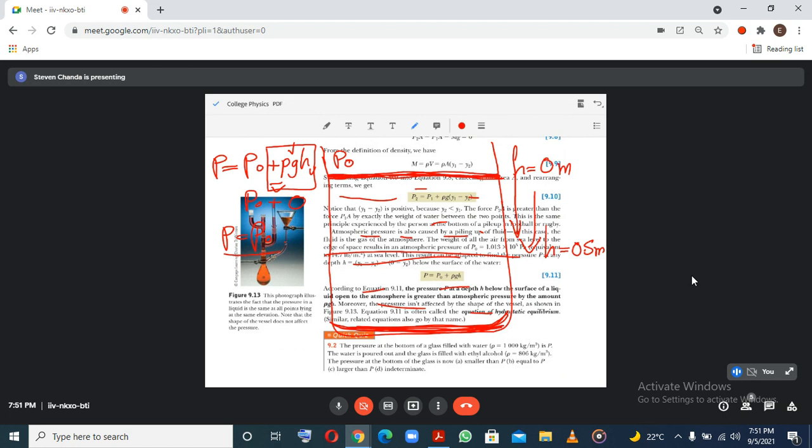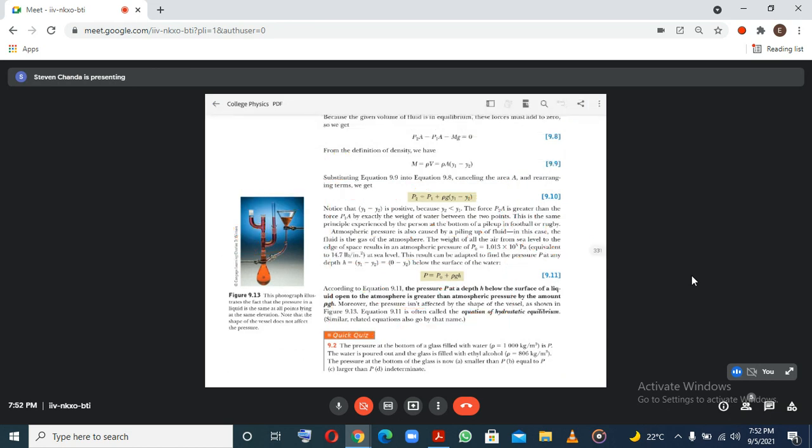So we know what that increase in pressure was, and when we add it to the atmospheric pressure already occurring at the surface of the fluid, we know the pressure at this point, where the depth is 0.5 meters from the surface.